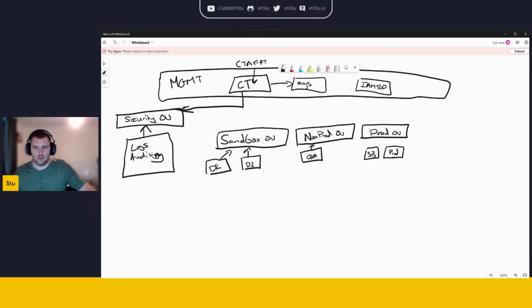So like I mentioned earlier, if you go for a cell-based design, you might have multiple of these in your domain. So all of these accounts all get created by the prod OU. Then you'd have a shared services OU.